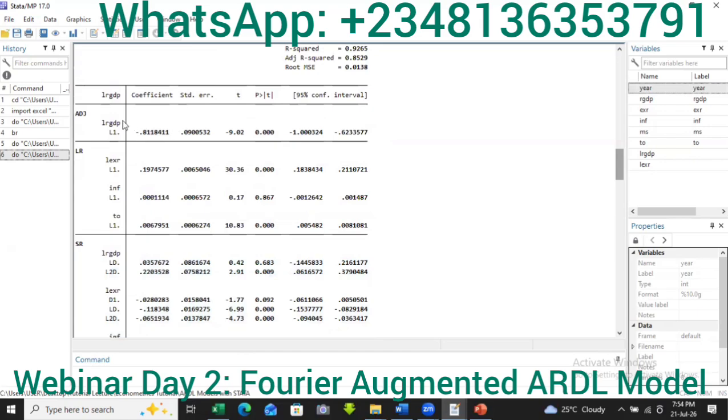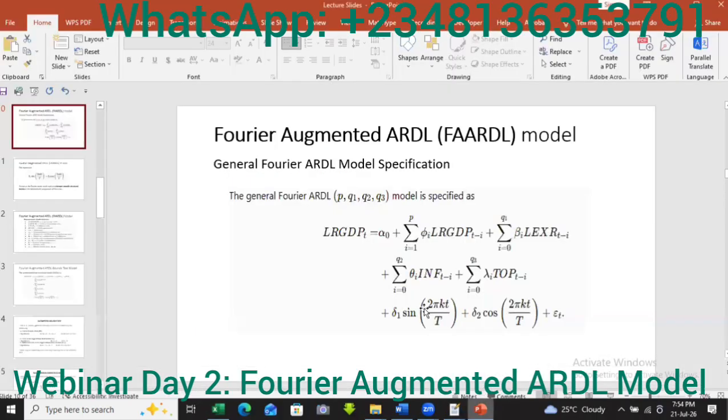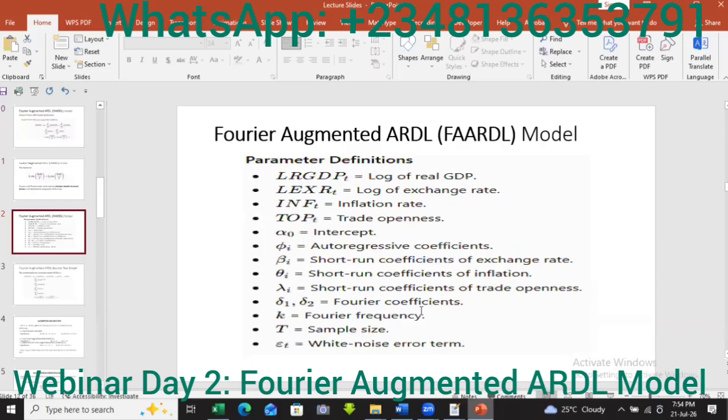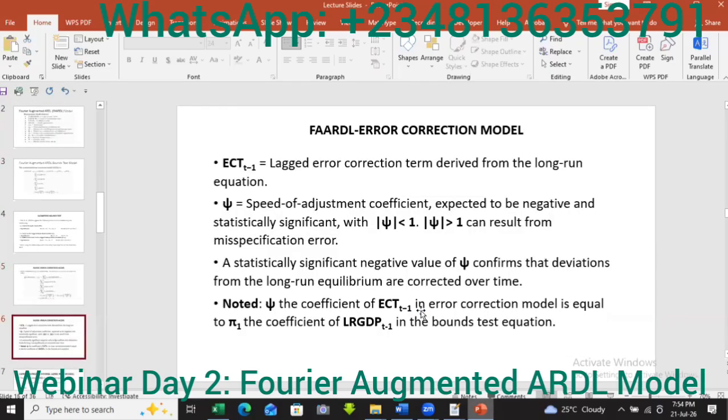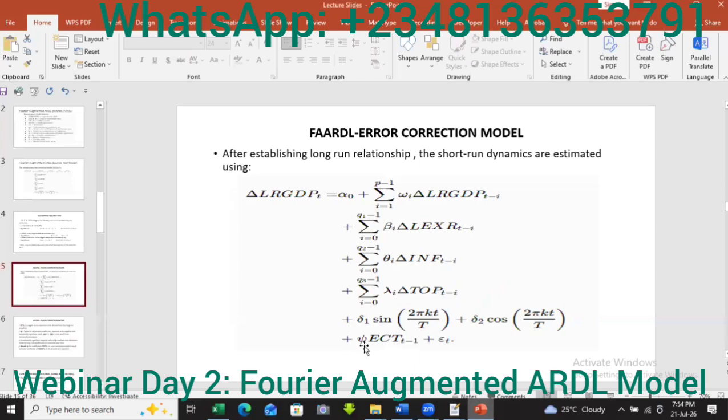So we start the interpretation from our error correction term's coefficient. This lag 1 is our ECT lag 1 that we have in our model. In our model specification, you remember in our error correction model, we have this psi.